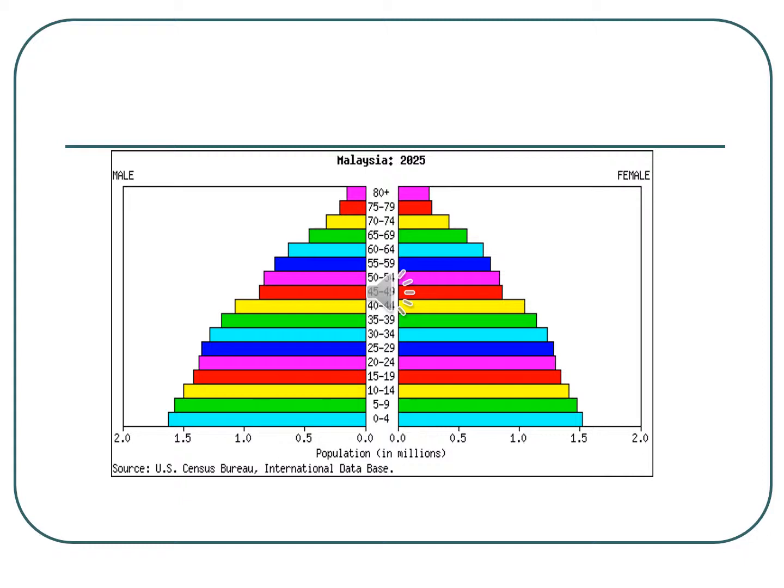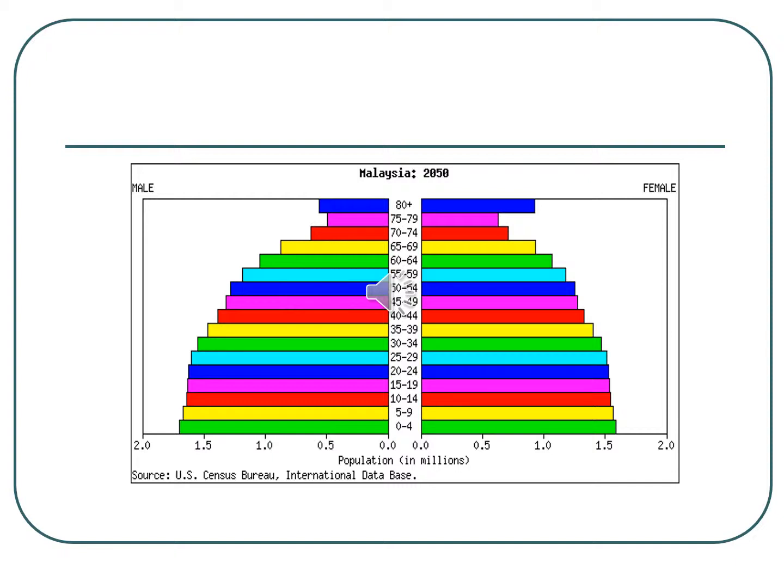This is the projected population pyramid of Malaysia in year 2025. And in year 2050. You could appreciate the shape changes from a pyramid with a wide base to becoming barrel-shaped.